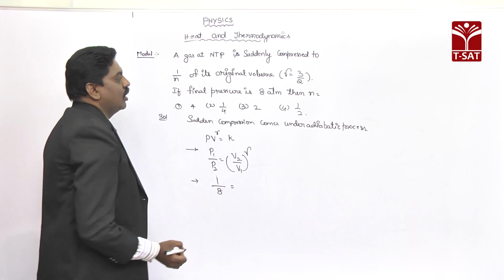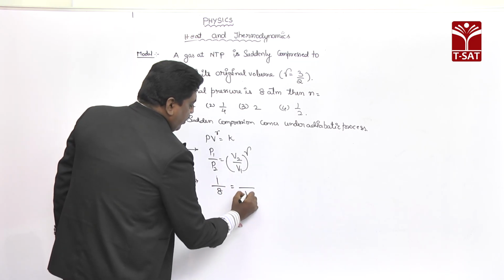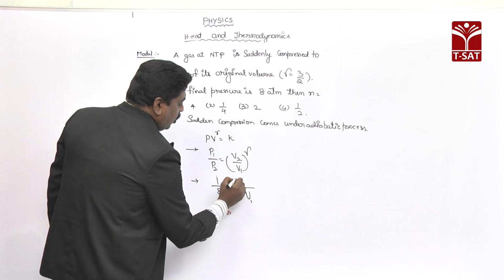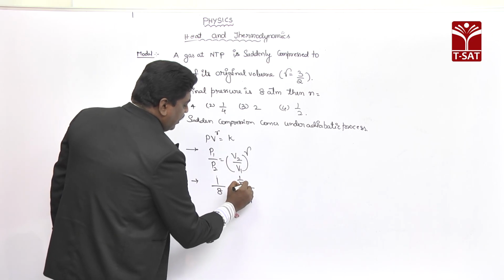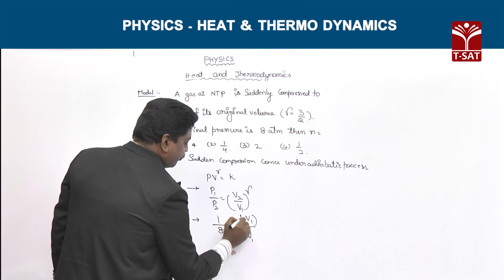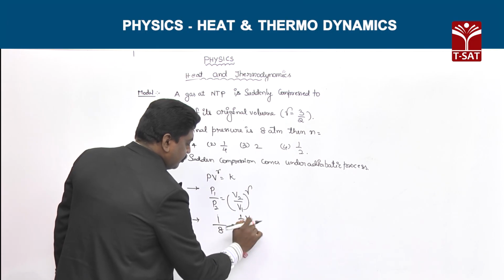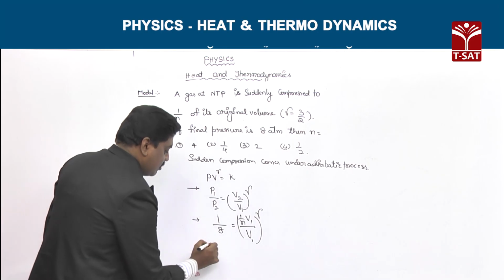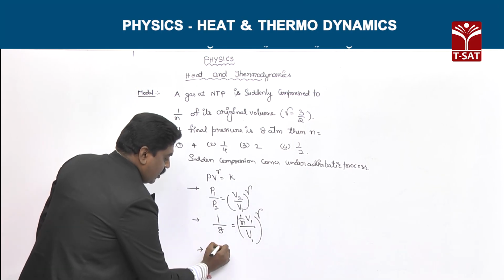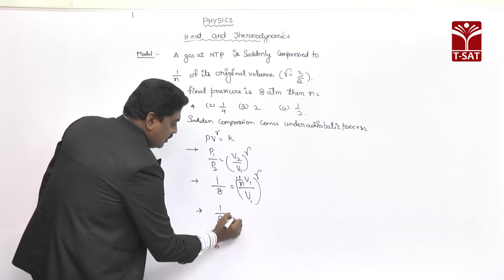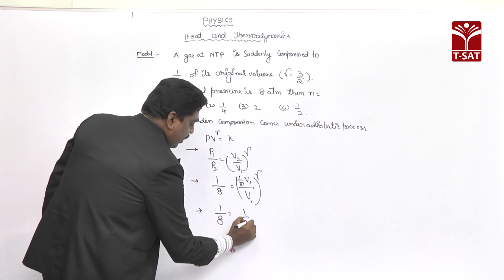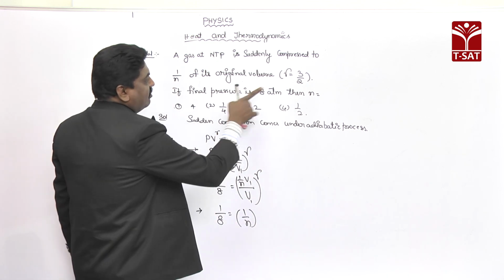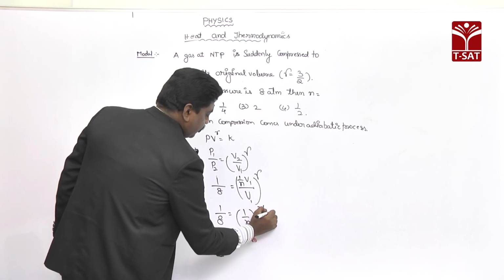V1 is V1 itself and V2 is given as 1 by n times V1. On writing it, we have 1 by 8 is equal to (1 by n) whole to the power of gamma, which is 3/2.